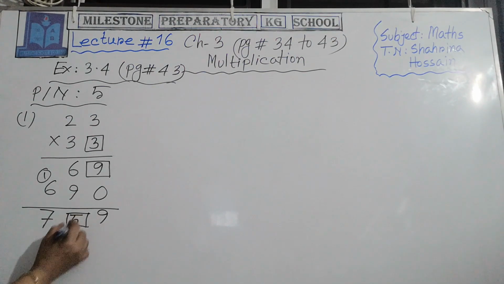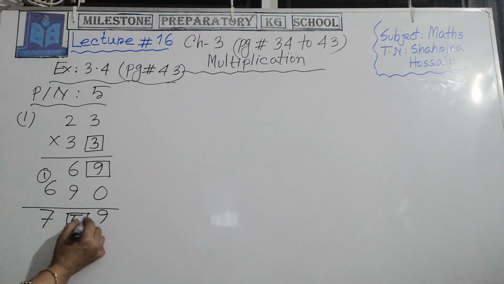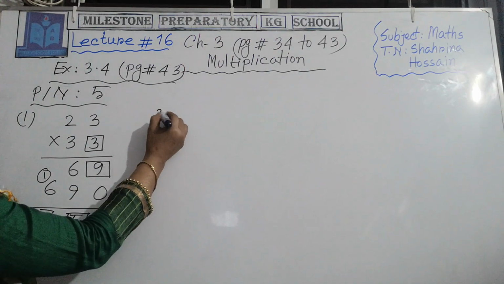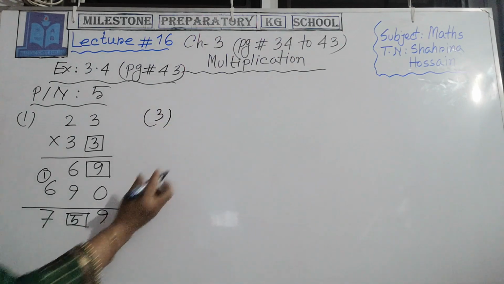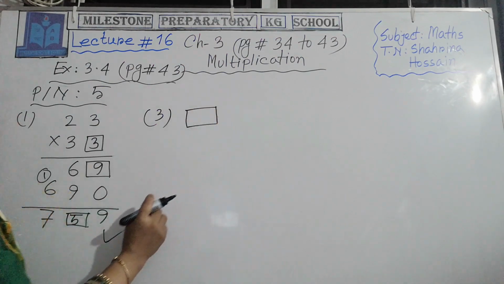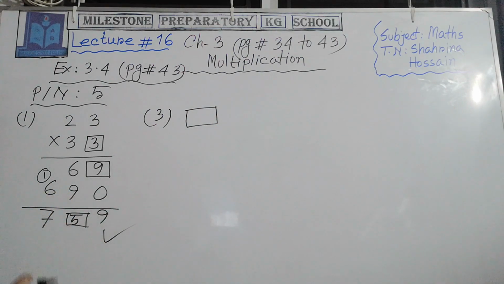That means the black box answer in the fill in the blanks we get 5 and this is the answer. Okay. By this way now we will find the second math, number 3. See, in this math they are giving us very few clues.